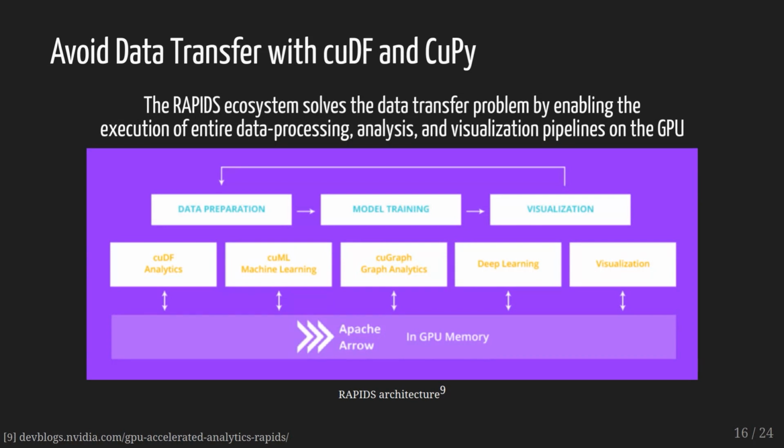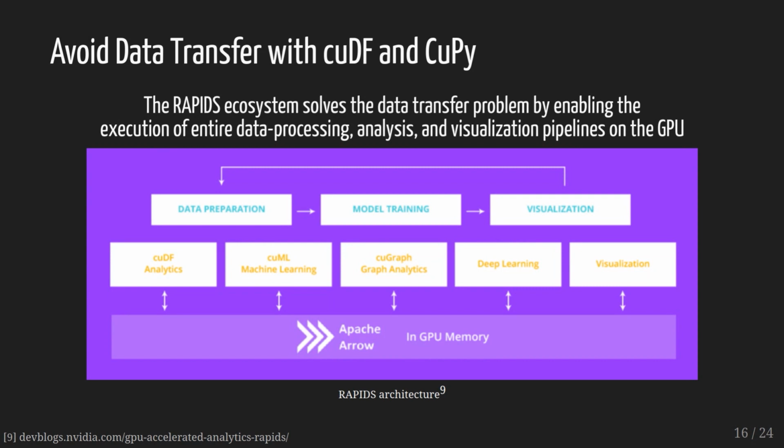So how do we avoid data transfers with cuDF and Cupy? The Rapids ecosystem solves the data transfer problem by enabling users to build and execute entire data processing, analysis, and visualization pipelines on the GPU. Now, data can be transferred to GPU memory in the form of GPU data structures like those provided by cuDF, Cupy, and cuGraph.